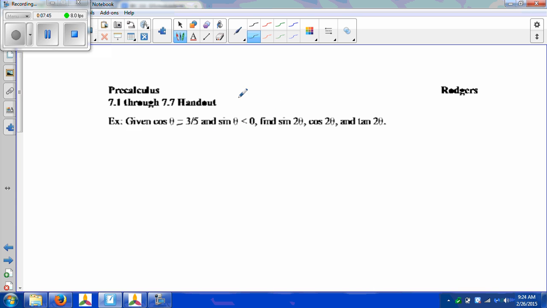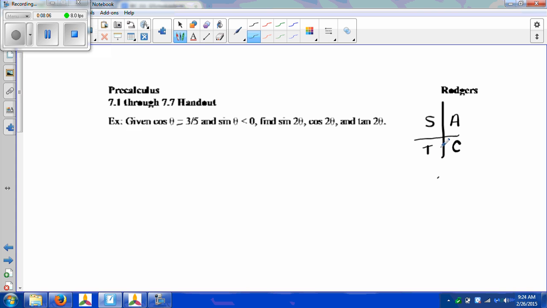Okay, so first of all, we're going to use that the cosine of theta is 3/5, and the sine of theta is negative. So if we just come over here and write our all students take calculus, then we can think of where the sign is negative.